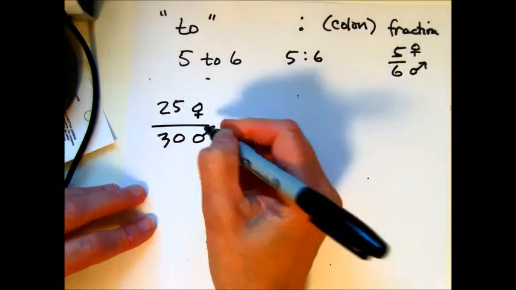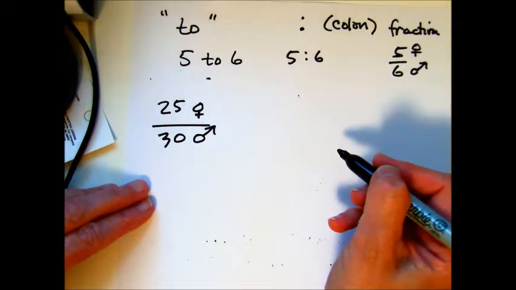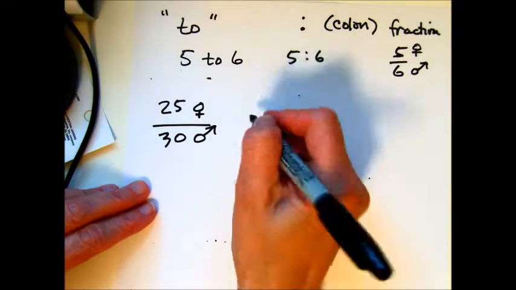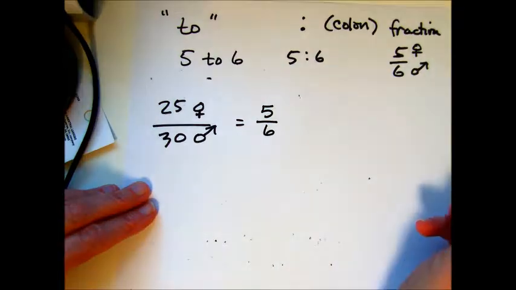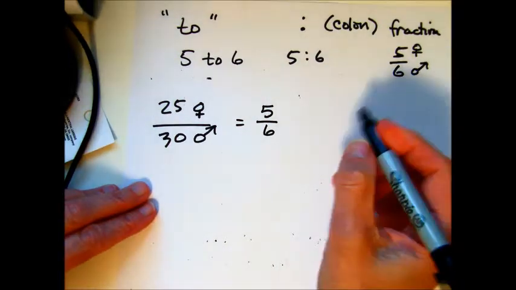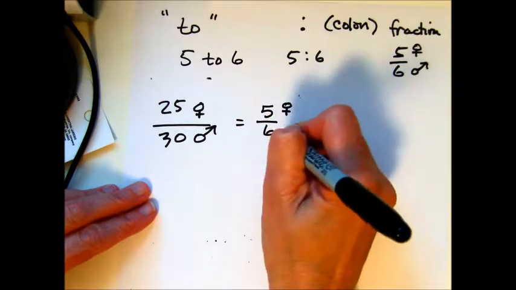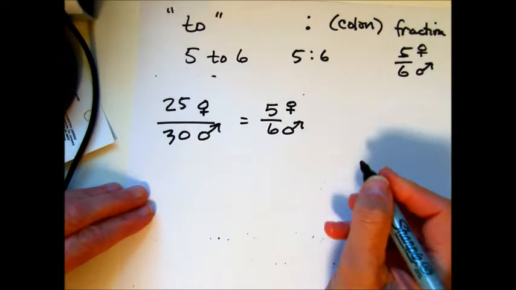Now we can reduce this. 25 and 30 have a common factor of 5. That's the greatest common factor. We're going to divide each, and so we're going to get 5/6. And so again, it's going to be 5 girls for every 6 boys in someone's class.